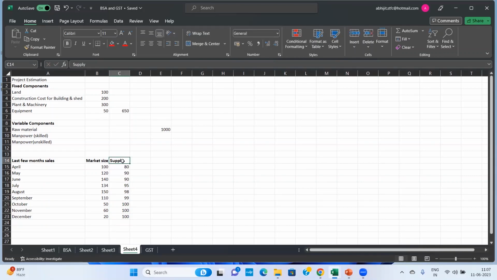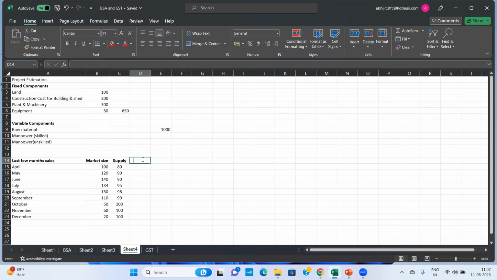These are the units which are supplied in the market. I'll get into competitor analysis after that, later on. That is micro-level analysis, which will come later.